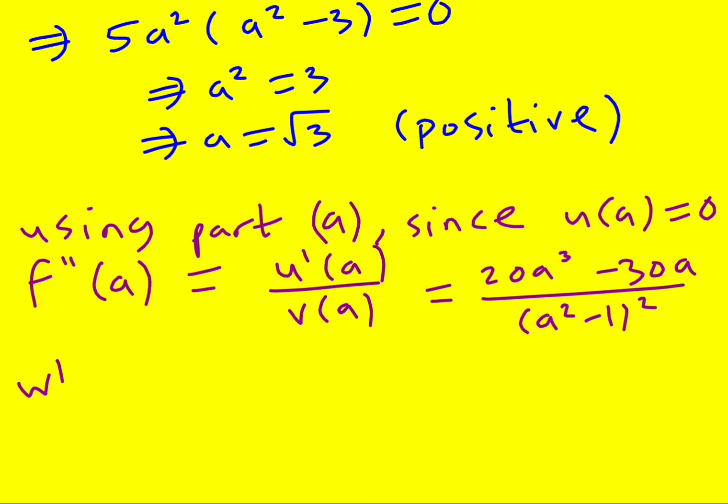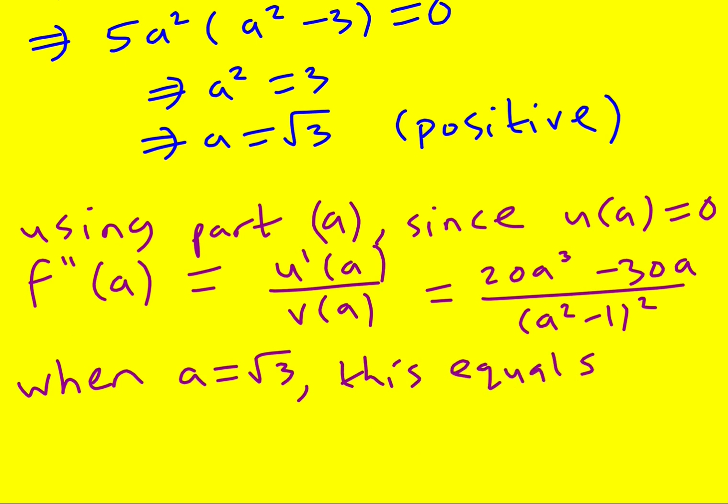And when a is equal to root 3, this equals, to be fair, we could have just done f double dash root 3, couldn't I? But I didn't. It's going to equal 20 times root 3. I just wish I'd factorized that a out. I'm making my life a little bit harder than I needed to.